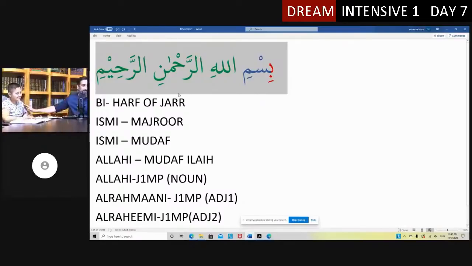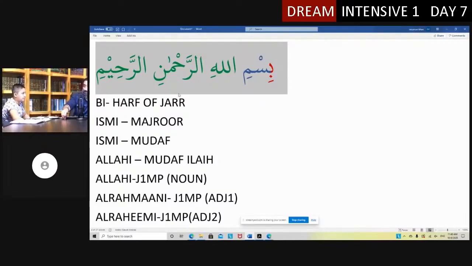Okay. Bismillah ar-Rahman ar-Rahim. Bi is a harf of jarr. It is connected to ismi because a harf of jarr makes the next word majroor. So that would be a jarr majroor. Ismi is a mudaf. Ismi means name, and it is a mudaf because it has no alif lam and is followed by Allah.